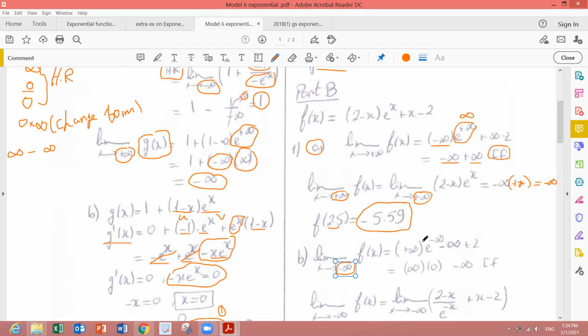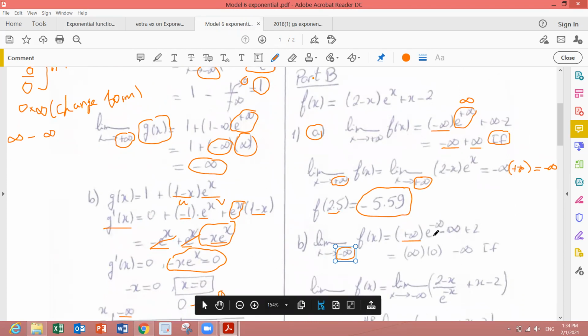It becomes 2 plus infinity, which is plus infinity, times e to the minus infinity, plus 2 minus infinity. E to the minus infinity is 0. Here infinity times 0 is an indeterminate form.